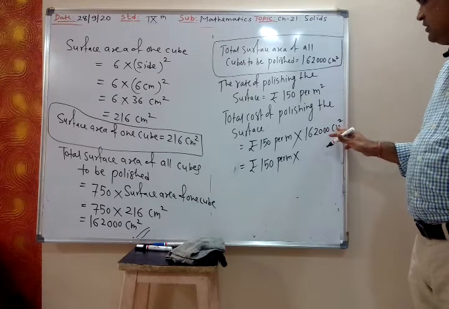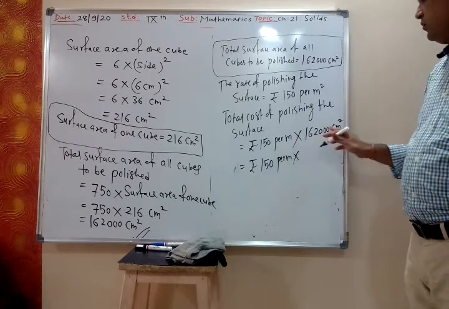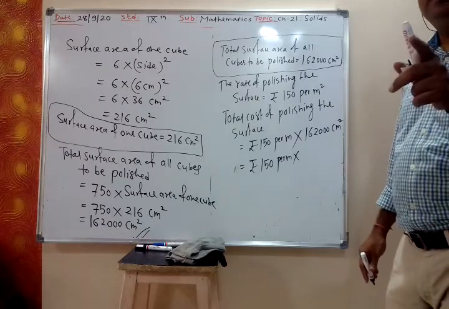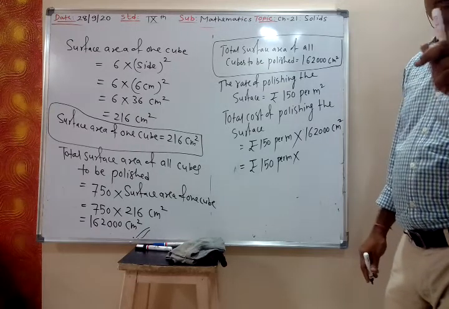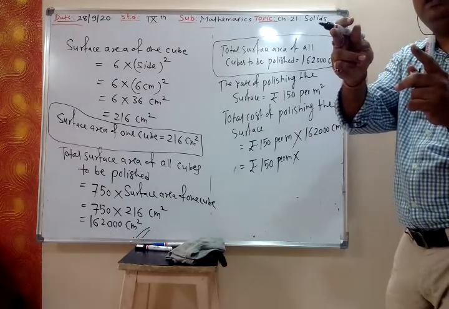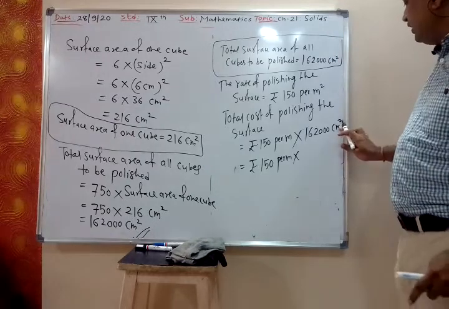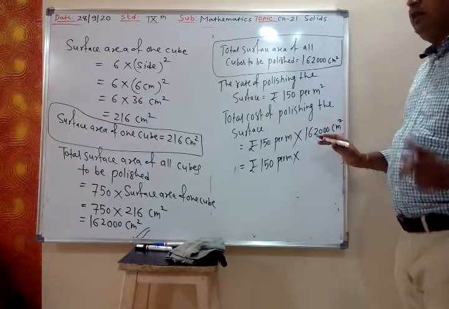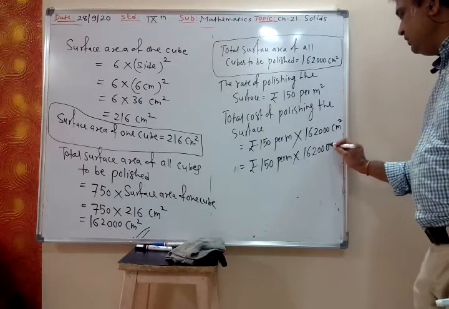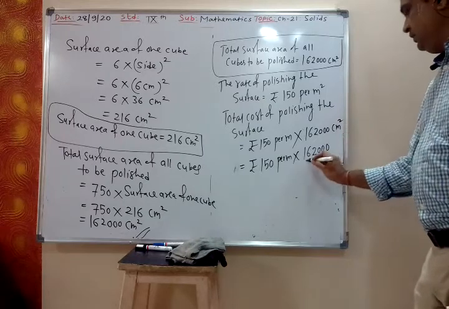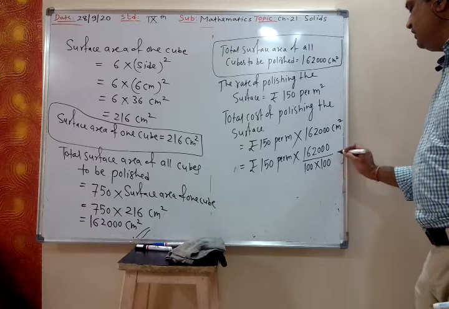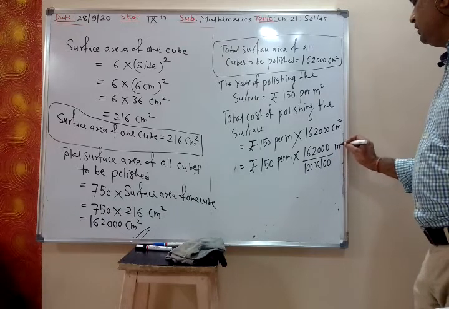Now we want to convert centimeter into meter. How do we convert? To convert meter into centimeter, we multiply by 100. Now, from centimeter to meter, we divide by 100. So this is 100 into 100, because this is centimeter square. So divide by 10,000. This will be meter square.